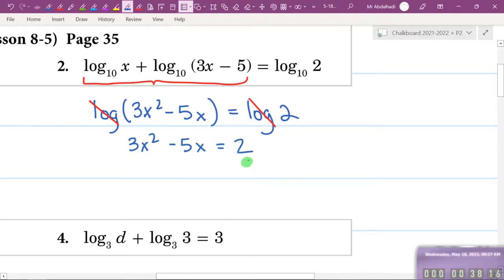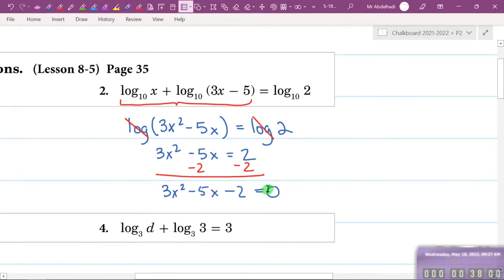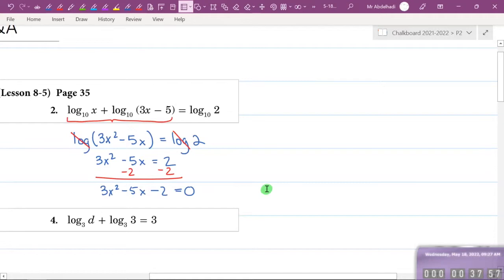Now, anytime you solve a quadratic, you need a 0 on the end. So I'll subtract 2 from both sides to get that 0 that I need, right? So now it's 3x squared minus 5x minus 2 equals 0. And now the question is, are we going to solve this by factoring, or are we going to solve this by quadratic formula if it's not factorable?